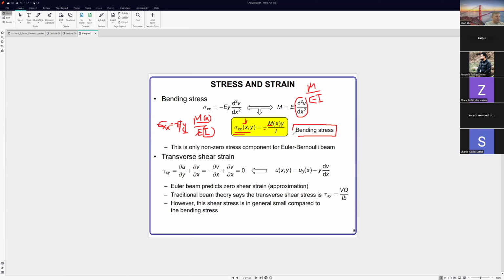This is the bending stress. This is the only non-zero stress component for the Euler-Bernoulli beam.